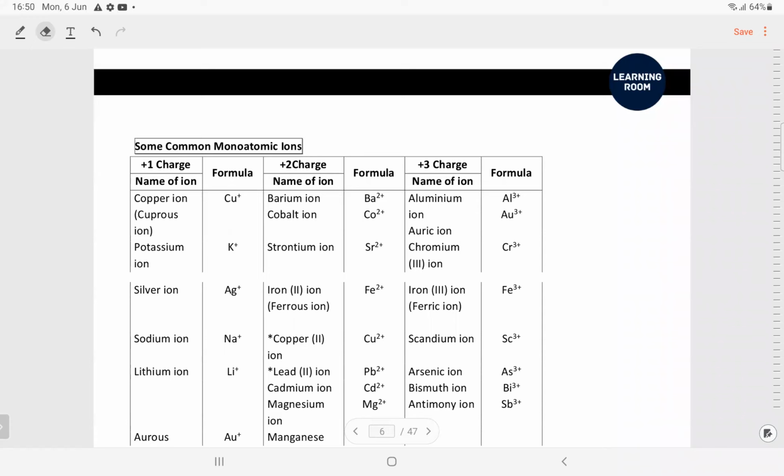Okay, so this is your output. It means always your lower energy level should be filled first. See what you are studying. These are on the electronic configuration chapter.